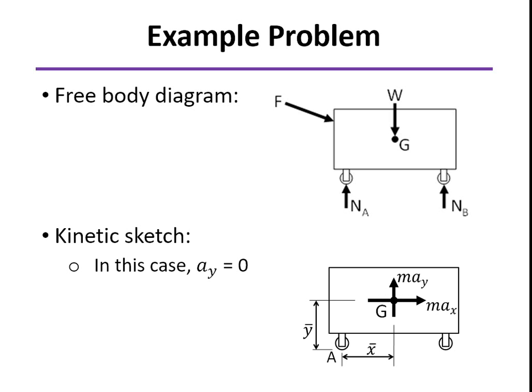Now when we draw our kinetic sketch, again, we don't have any rotation here, so we don't have to show I times alpha. All we have to show are the mass times the acceleration, those two components acting through G. Now, I show them both here, even though in this case the acceleration in the y direction, of course, is equal to 0. We only have motion in the x direction.